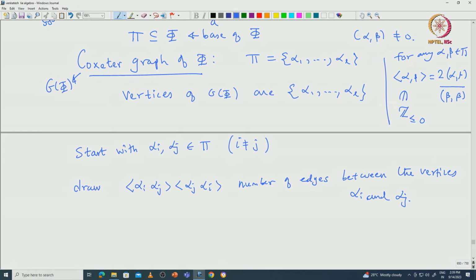So this is going to give us a graph which has multiple edges now.